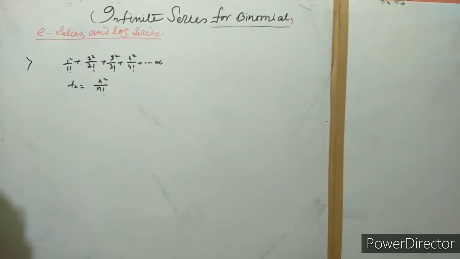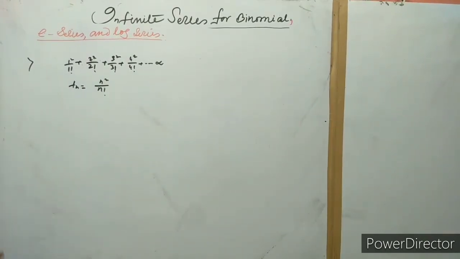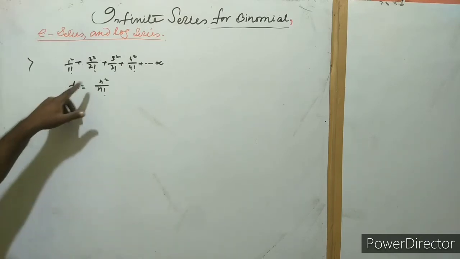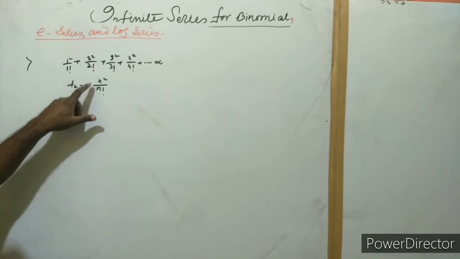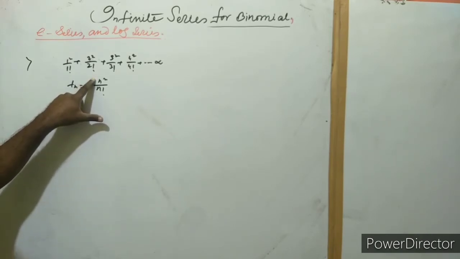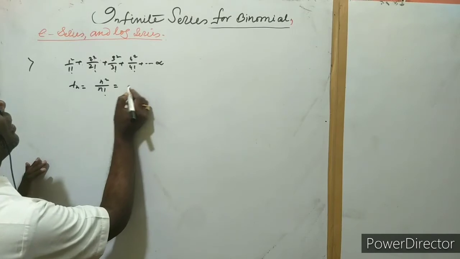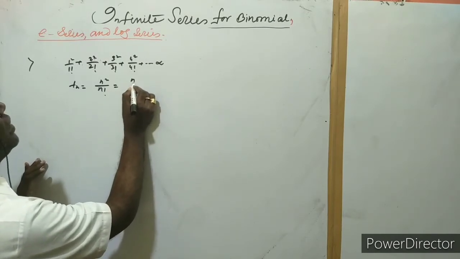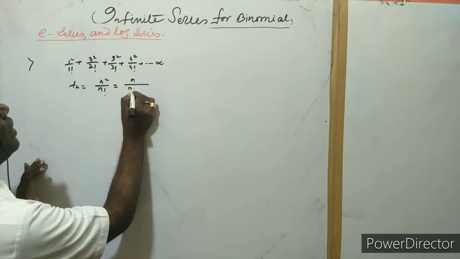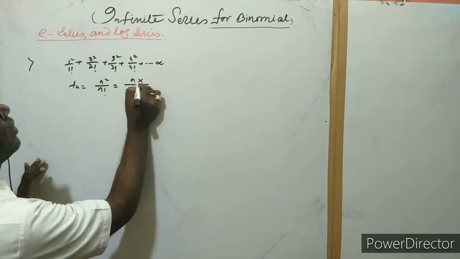Now, in each and every discussion I say that this is n square by factorial n, and this is the numerator part. In the numerator part, where n is related, n should be eliminated. How can we? This is like n by factorial n into n minus 1.